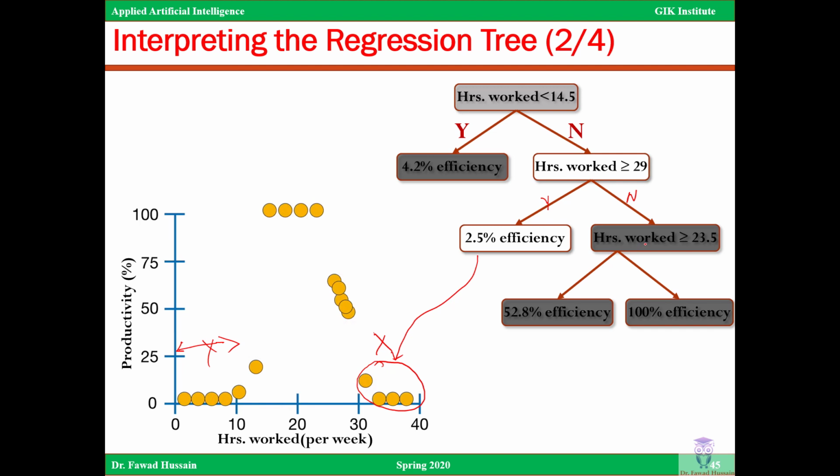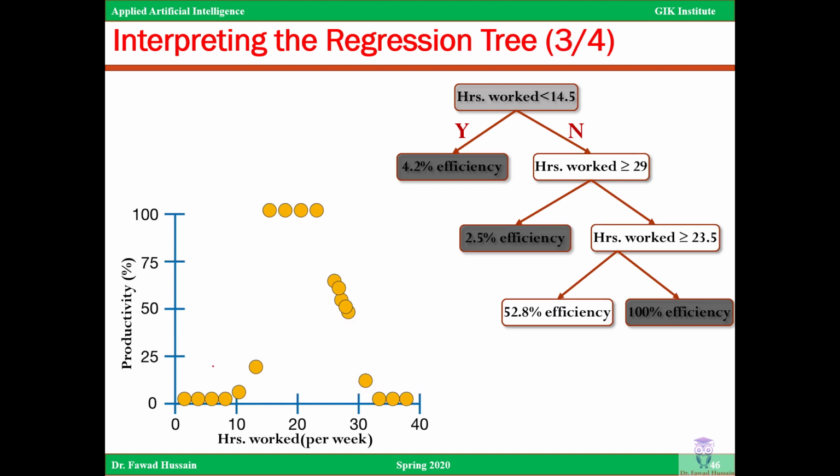If you are going to look at the third one, we're going to look at 23.5. So it's not this part and it's not this part. So next question, if it's greater than 23.5, if the answer is yes, it means that we are referring to this region.